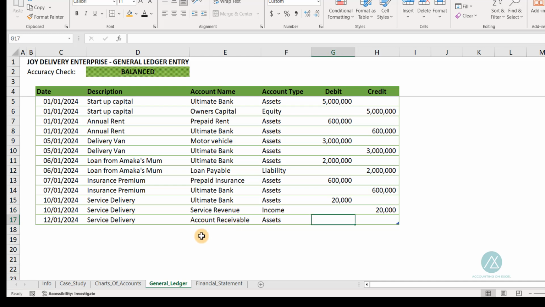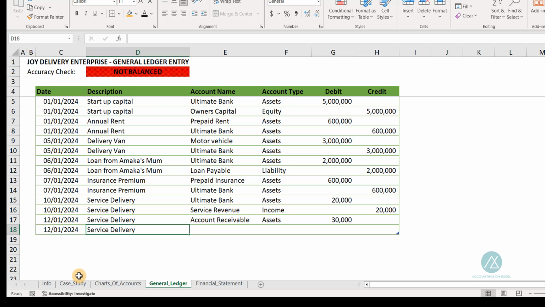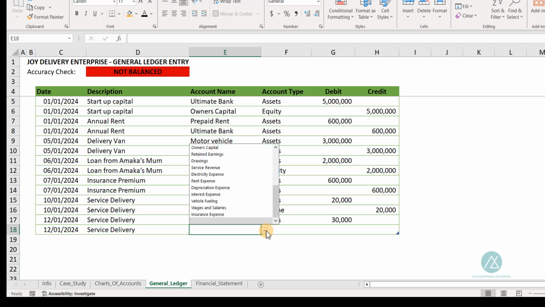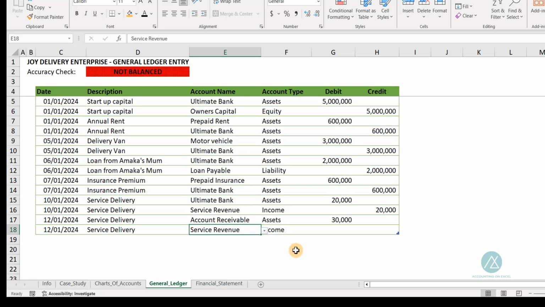Right. So how much are we expecting? 30,000. So what's the next account we're supposed to capture? Because we rendered service, it is a service revenue account.